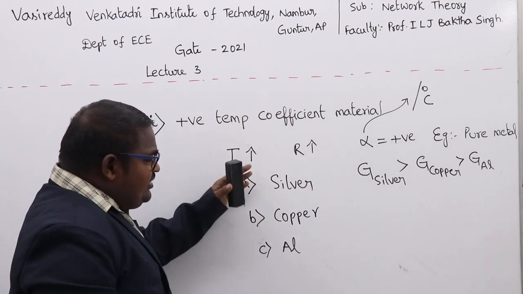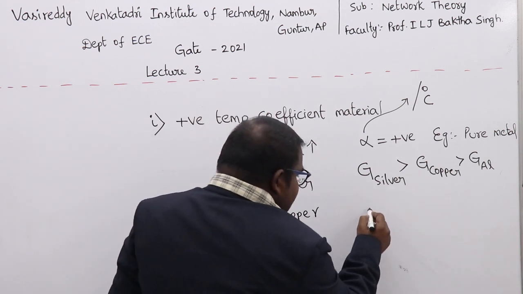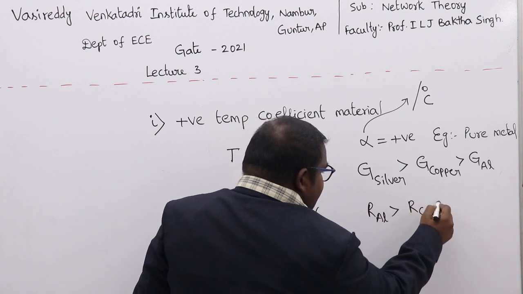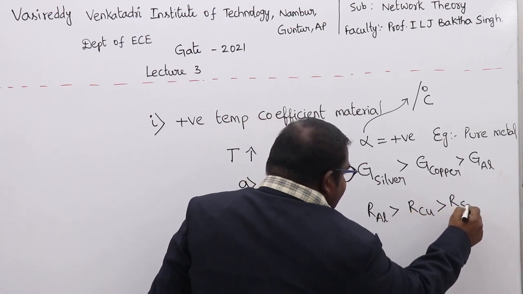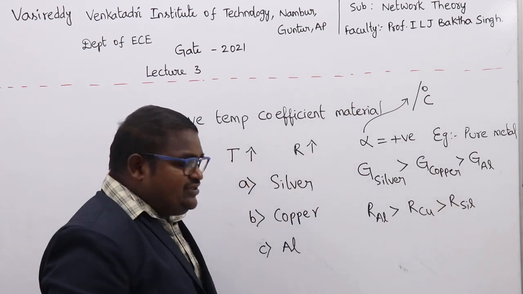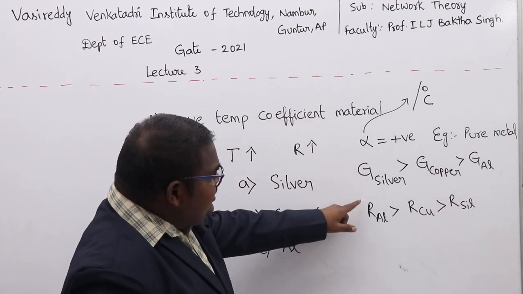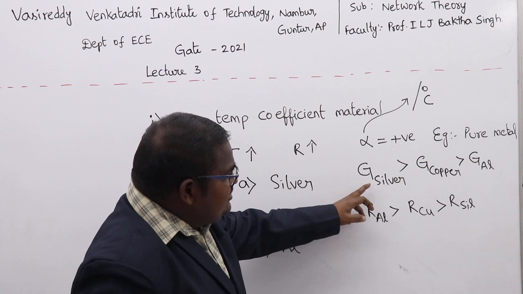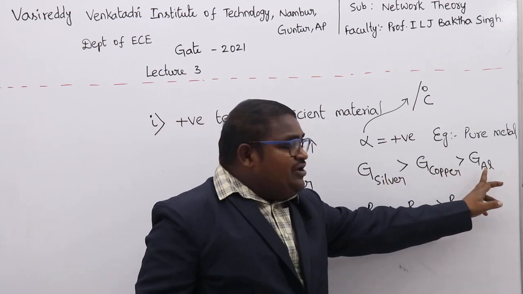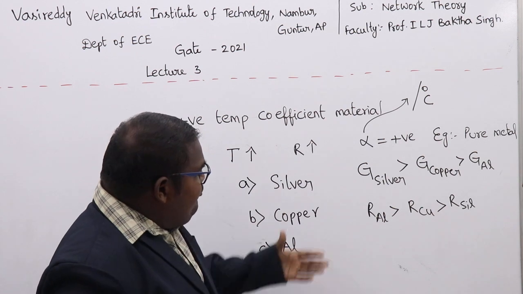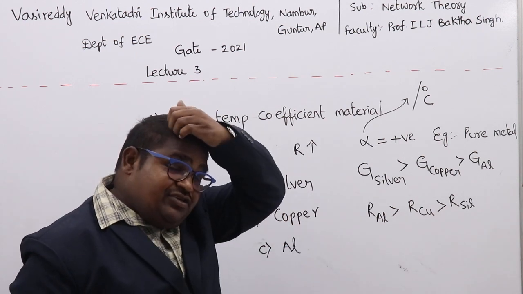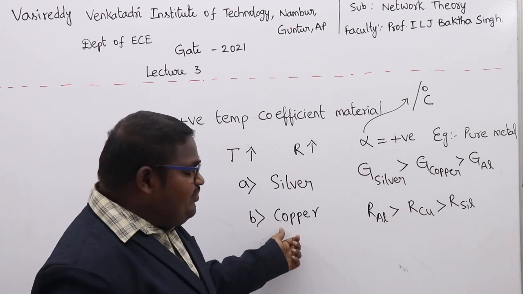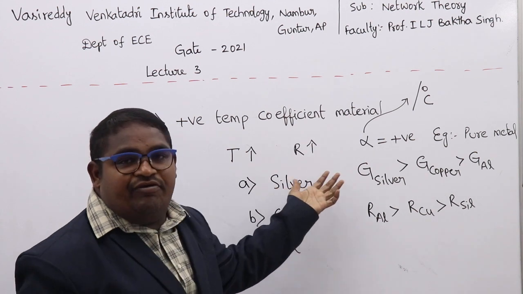And when I compare resistance, the resistance of aluminum is greater than copper, which is greater than silver. That means silver has minimum resistance and aluminum has minimum conductance. Moreover, with respect to weight, aluminum is lightweight, while copper and silver are heavier.